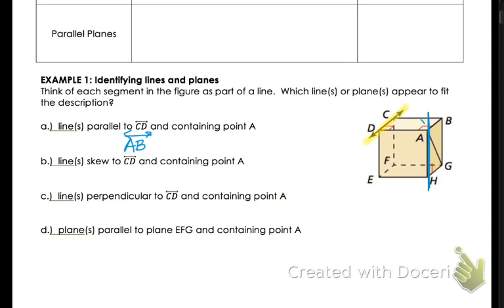And then we also have AG right here. Even though it kind of looks like this is pointing towards line CD, you have to remember this is three-dimensional, and so that would really just be off in space somewhere else. It would never get to CD. So that would be lines AH and AG.